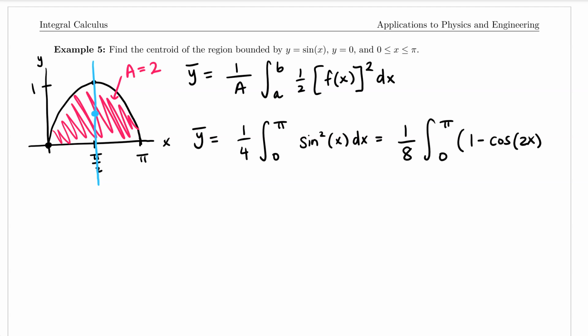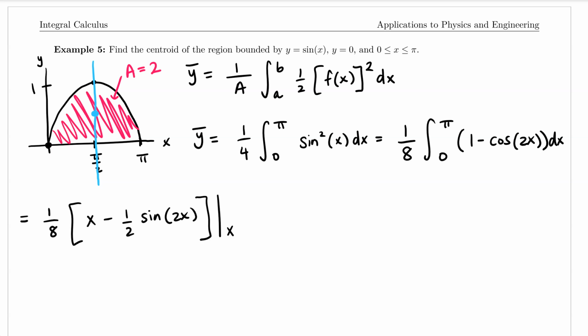of 2x dx. Okay, so that is equal to 1/8 times x minus 1/2 sine of 2x. If you need to, please use u substitution. I kind of just skipped over that, but please use u substitution if you need that additional step. And then we are integrating this from x equals 0 to x equals pi.